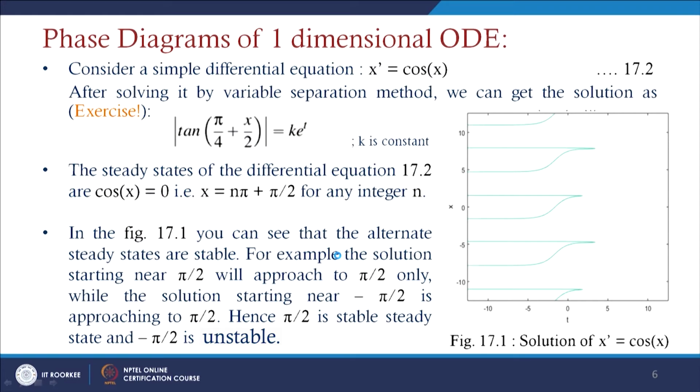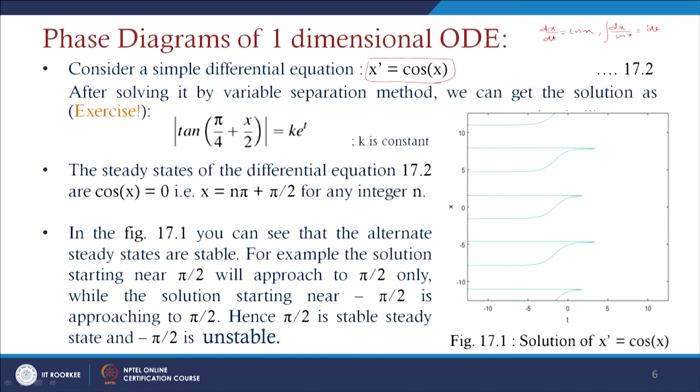If you go for a simple analysis of a one-dimensional ordinary differential equation, consider a differential equation of the form x' = cos x. I can write this as dx/dt = cos x. If we find the solution using the variable separation method, we can write dx/cos x = dt.